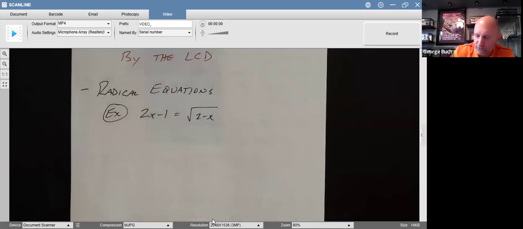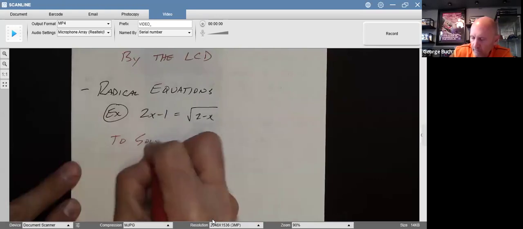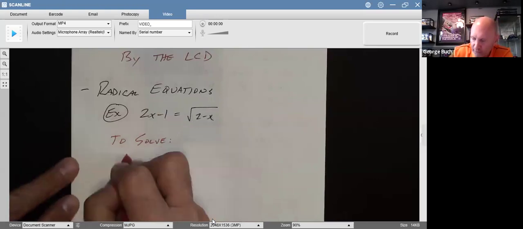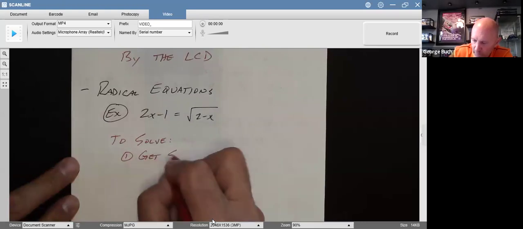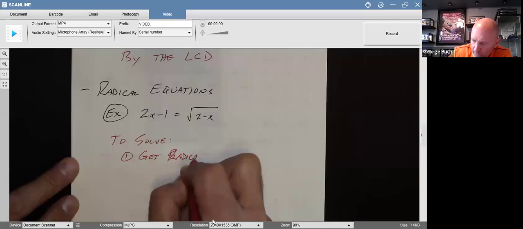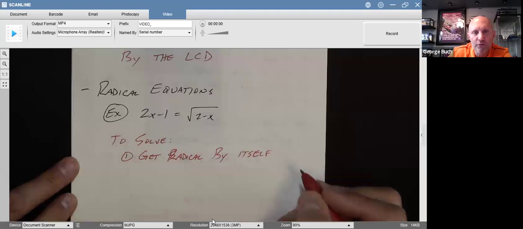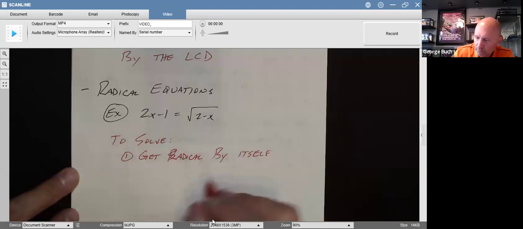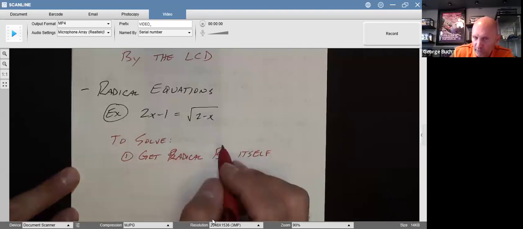So with these, to solve these, I need to first get the square root by itself, if it isn't, or the radical, let's say. Get the radical by itself. So I guess technically you could have cube root equations, fourth root equations, etc. So let's just work with this one like a square root.